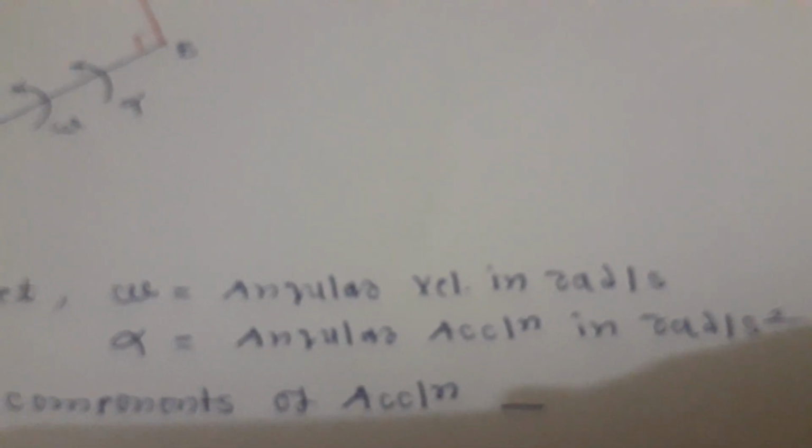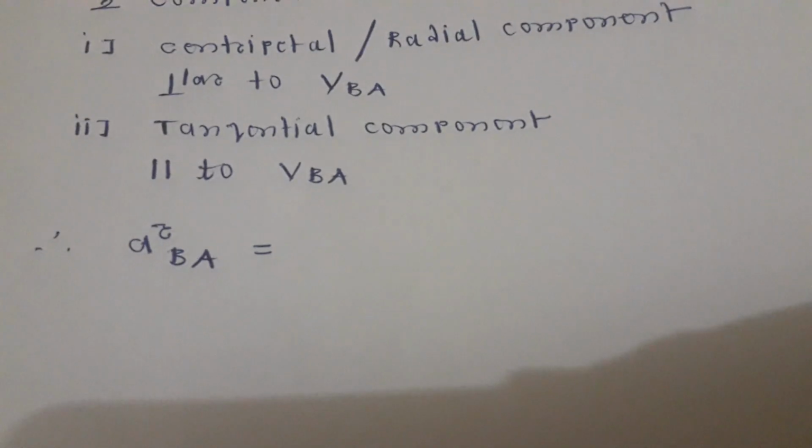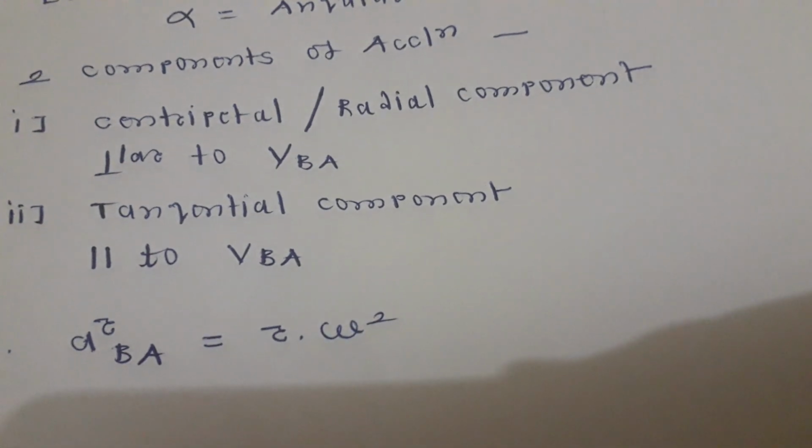So this is the linear velocity of B with respect to A. Therefore the radial component of acceleration of B with respect to A can be found out as r into omega square.